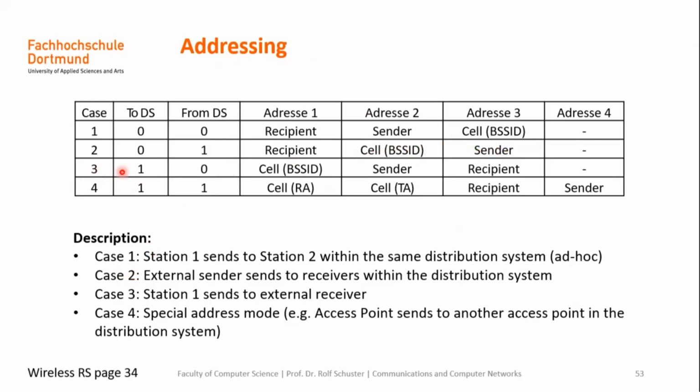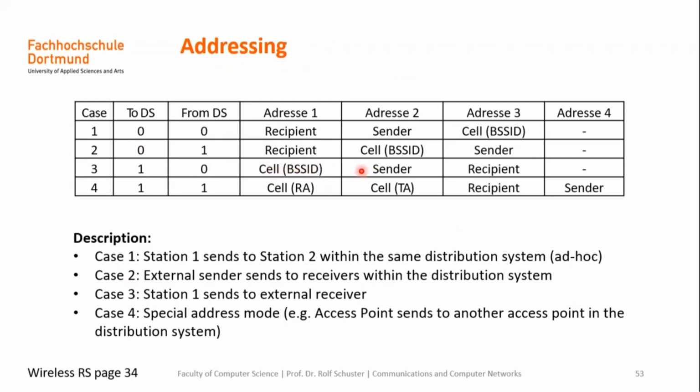In case 3, then, is a typical case where the sender is a station that sends a frame to the access point, that is to the BSSID of the cell.